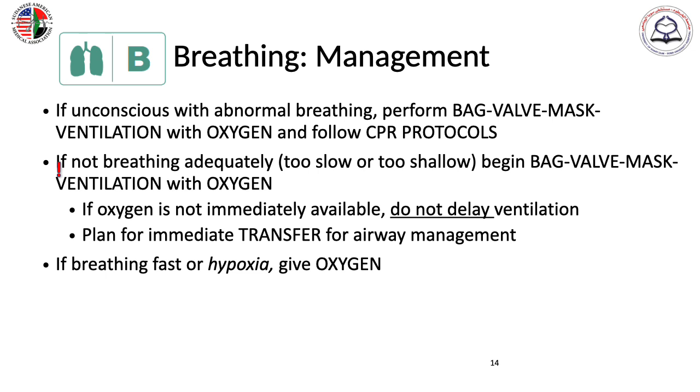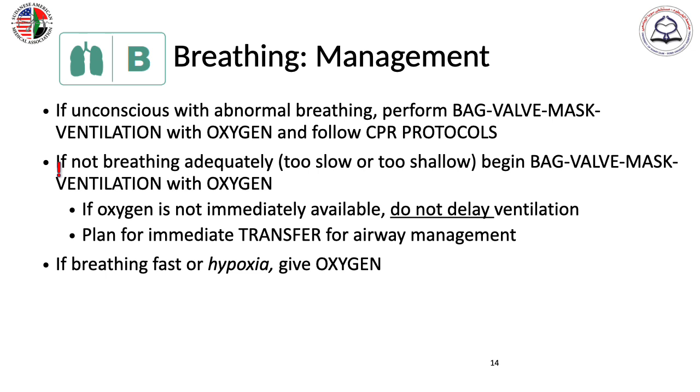After you assess breathing by look, listen, and feel, if your patient is unconscious with abnormal breathing, just do bag valve mask ventilation with oxygen and follow the CPR protocol. If not breathing adequately, too slow or too shallow, begin bag valve mask ventilation with oxygen.